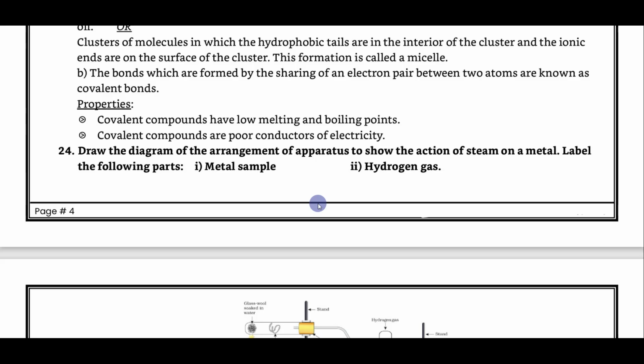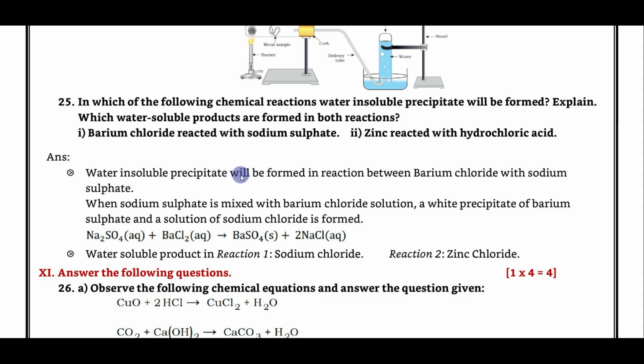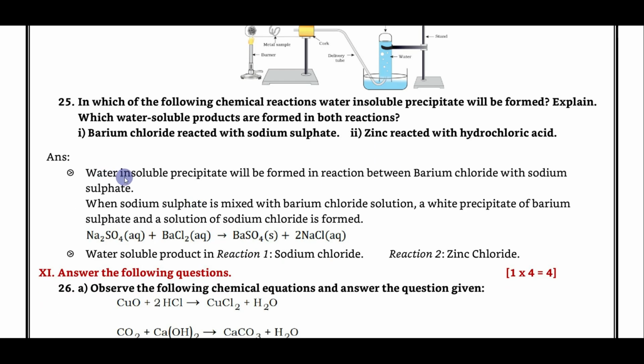The action of steam on a metal. In which of the following reactions will a water insoluble precipitate be formed? Explain. Which water soluble products are formed? Barium chloride reacting with sodium sulfate, or zinc reacting with hydrochloric acid. A water insoluble precipitate will be formed in the reaction between barium chloride and sodium sulfate.